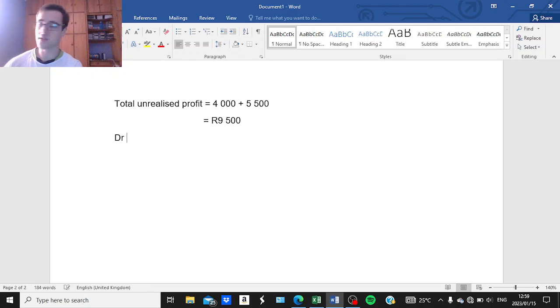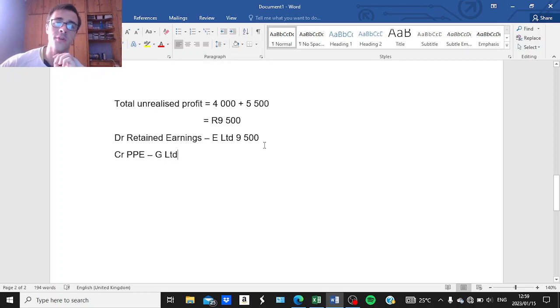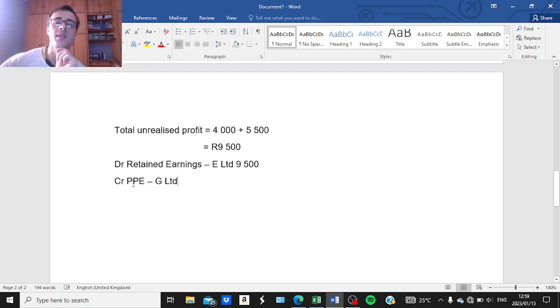So we will debit retained earnings for Econ Cows Limited by 9,500, and we will credit property, plant and equipment, or PPE for short, for Grazing Ltd, because the unrealized profit is included in the carrying value of Grazing Ltd's property, plant and equipment at year end. And the total profit of 9,500 must be eliminated because it has not been realized outside the group. The group cannot gain a profit on a transaction that it concluded with itself.